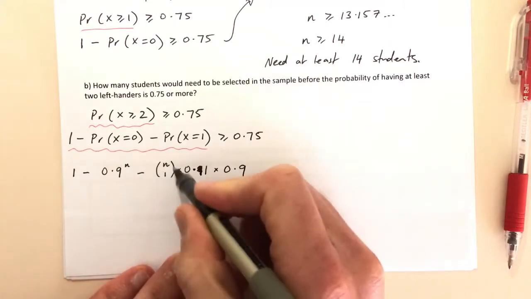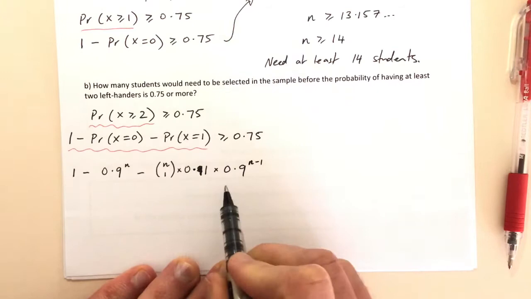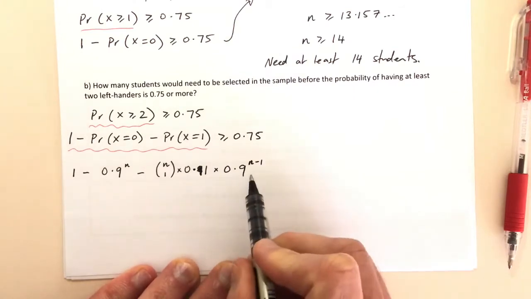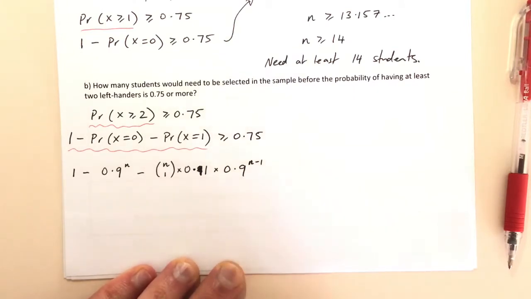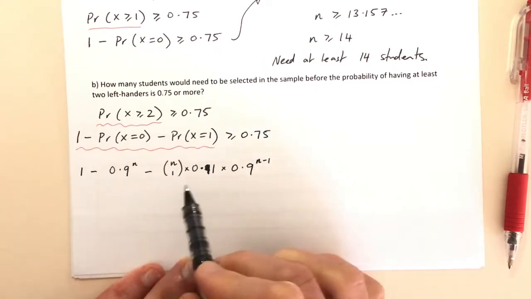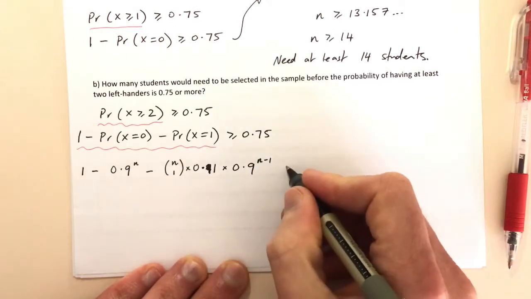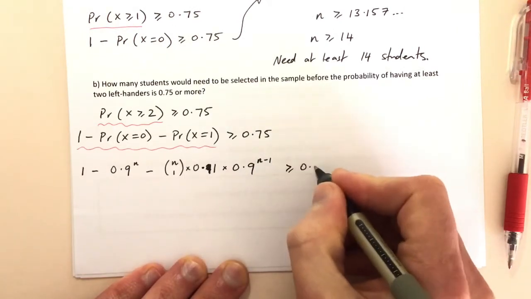So we want all of our trials except 1, right? So that's to the power of n minus 1. This is saying that the number of right-handers we're going to get is everyone in the sample except for one of them, right? So that is the way that we can use the binomial formula to represent each of these 2 probabilities. And remember that we still want all of this to be greater than or equal to 0.75.